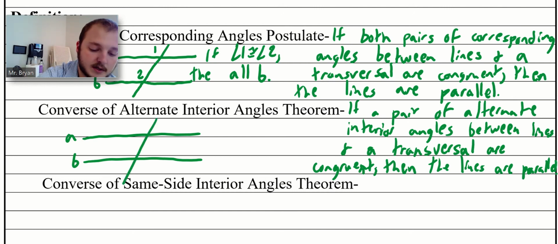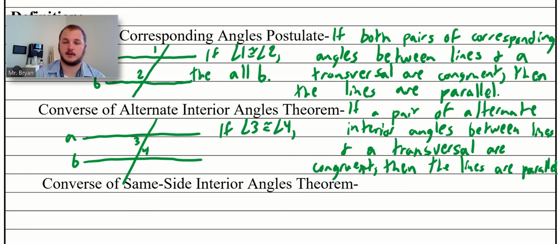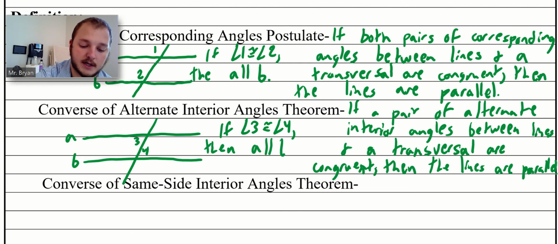Let's say here, just to stay consistent, angle 3 and angle 4. And notice I would need to know that if I was told or proven somehow that angle 3 is congruent to angle 4, if I just prove one of those pairs, then I can now say that the two lines are parallel. And that would be our end goal. Then A is parallel to B. Okay?